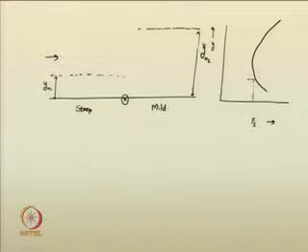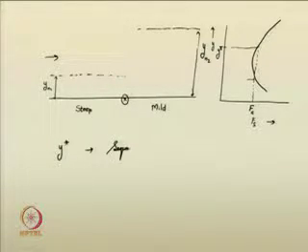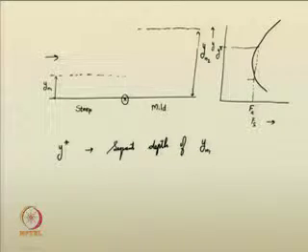This depth already exists. So, what is the specific force? Say I write it as F A. The corresponding sequent depth will be somewhere here, and I write it as y star. So, y star is the sequent depth of the normal depth in the upstream portion.